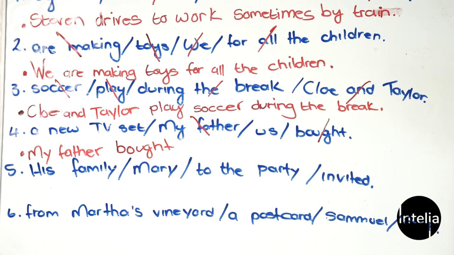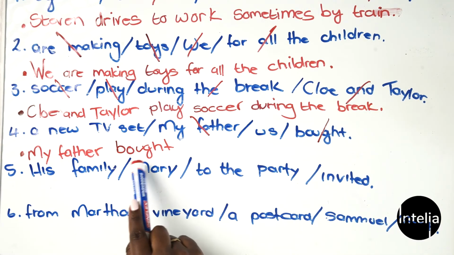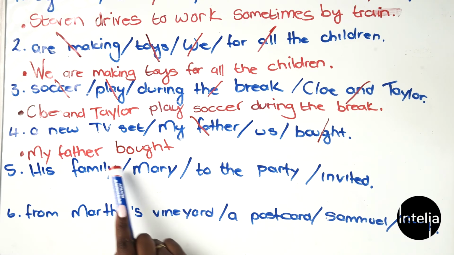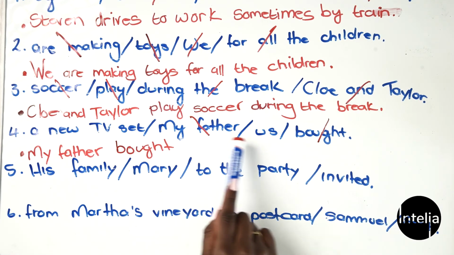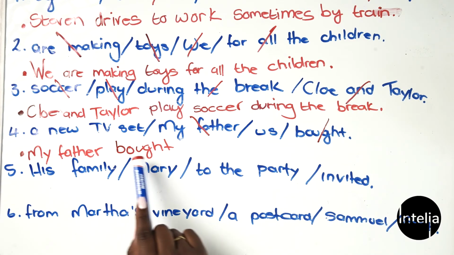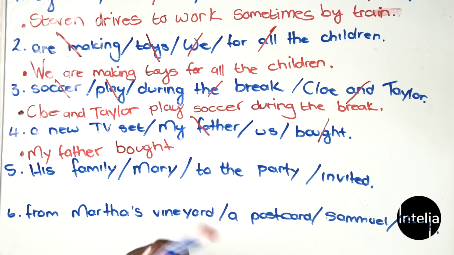Now we need our next word. Which of these two do you think will come after bought? We can say what he bought and for who. So we can either go, my father bought a new TV set as. No. My father bought us a new TV set.